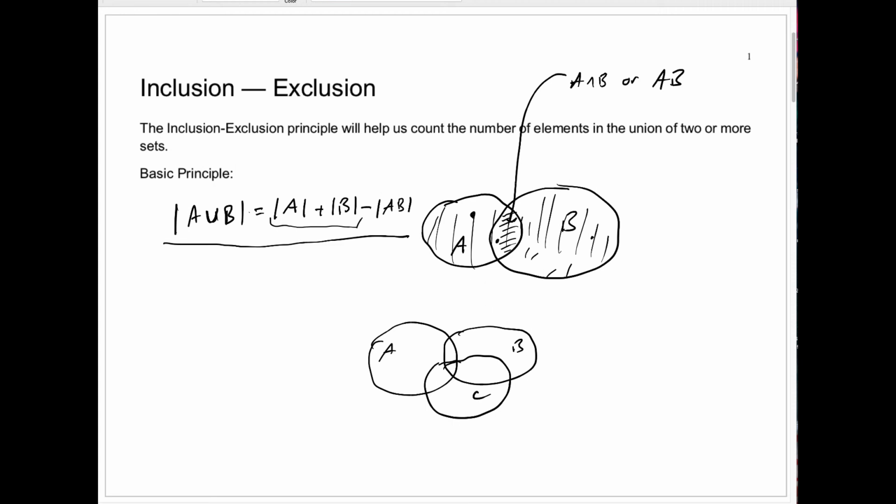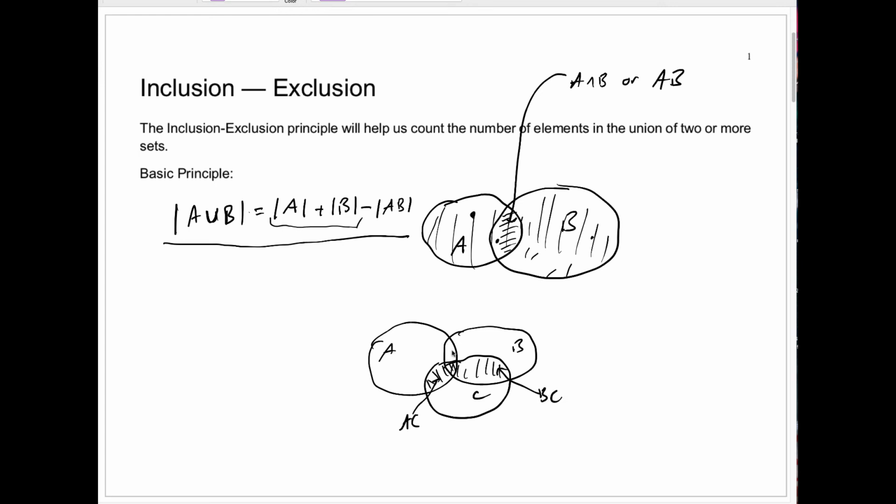I'm just going to erase that up there. And now we see here, there are many different regions. I'll show you some examples here. Everything in this region here, for example, is in A intersect C. We'll just write AC for that. Everything in this region here is in BC.